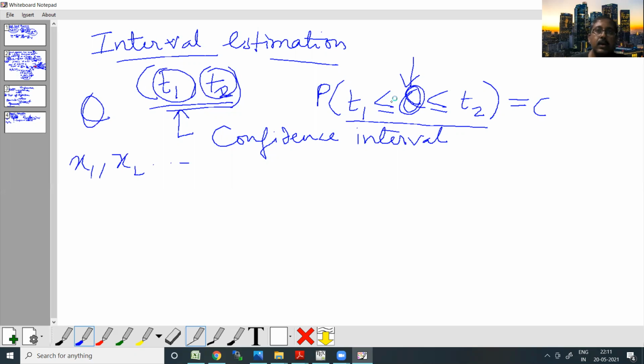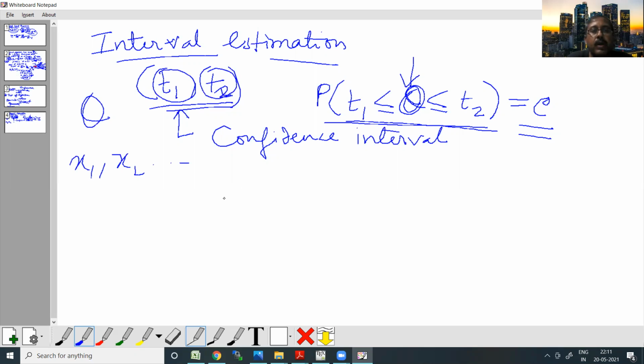So there is a confidence interval T1, T2, and I assume that the parameter value will lie within it. The confidence degree which I set is basically the probability that theta is greater than or equal to T1, the lower control limit, and less than or equal to T2, the upper control limit. This is what we try to figure out.